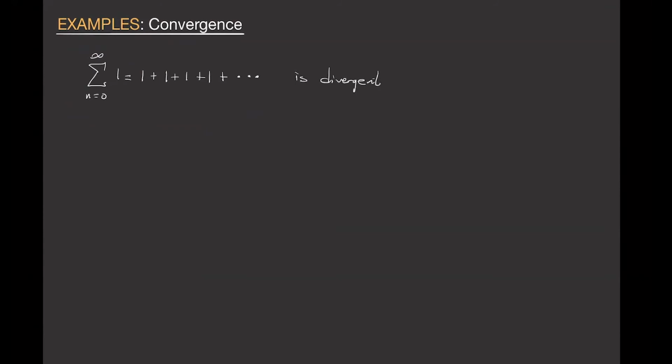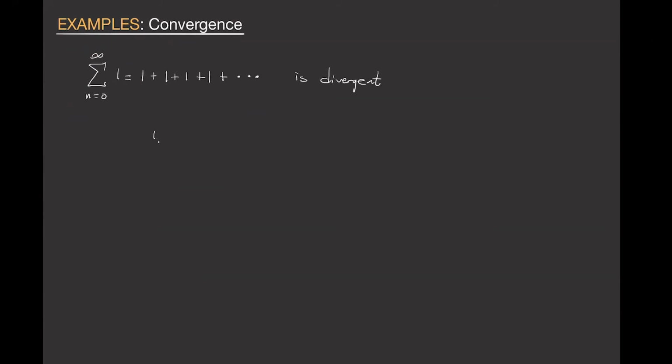The reason it's divergent is that we can guarantee that the sum is going to be as large as we possibly want. So if you think the sum is equal to 1,000,000, you can just add up the first 1,000,001 terms, and you'll get something larger than 1,000,000. So that means it can't be 1,000,000.